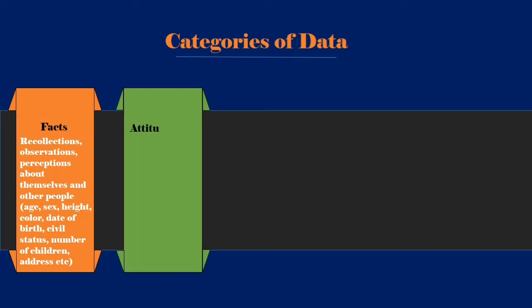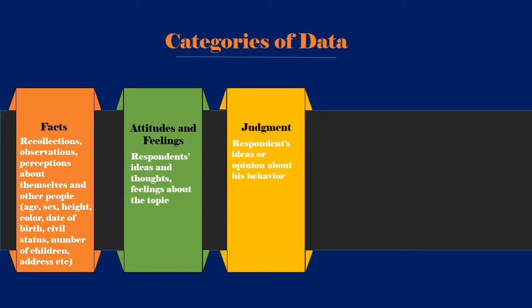Next, we have attitudes and feelings. This refers to your respondents' ideas and thoughts or their feelings about the topic that you are undertaking. Another category is about their judgment.